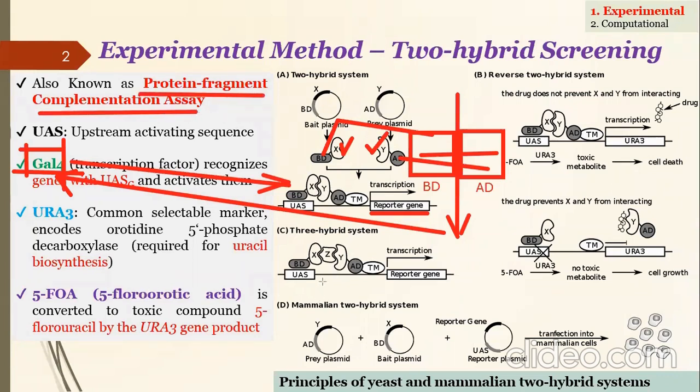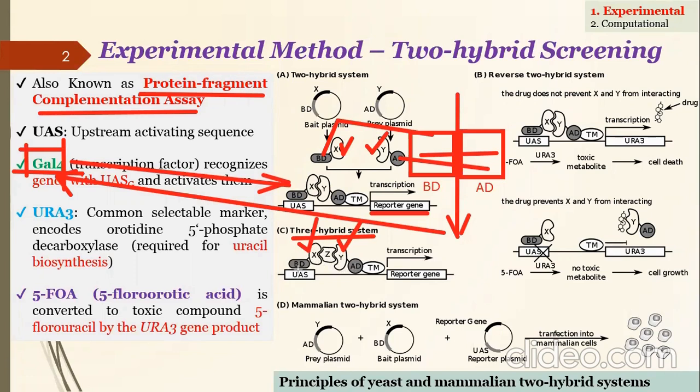One more thing, there is also a system known as the three-hybrid system. In this system, the only addition is that X will bind with one domain of Z and Y will bind with the other domain of Z. In this case, the three proteins interact with each other.